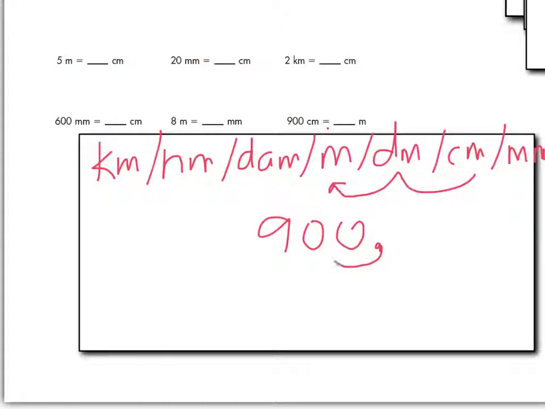Here's my decimal. 1, 2 to the left. Here's my new decimal. Get rid of that one. So 9 meters. I also know that there's 100 centimeters in 1 meter, so I'm going to have to divide by 100, which would leave me with 9. Either strategy is perfectly fine.